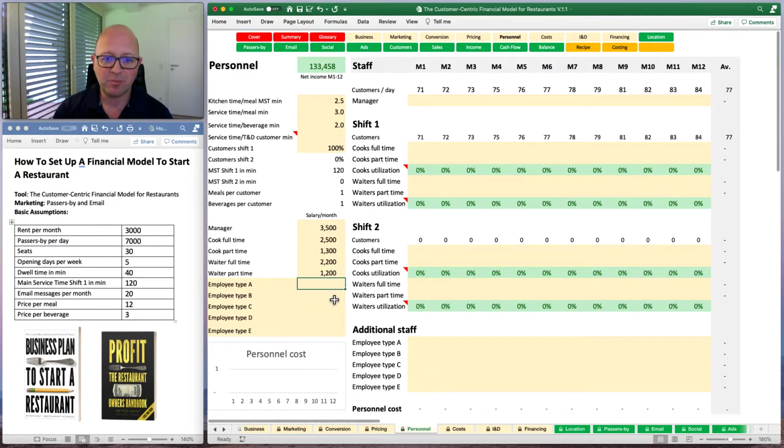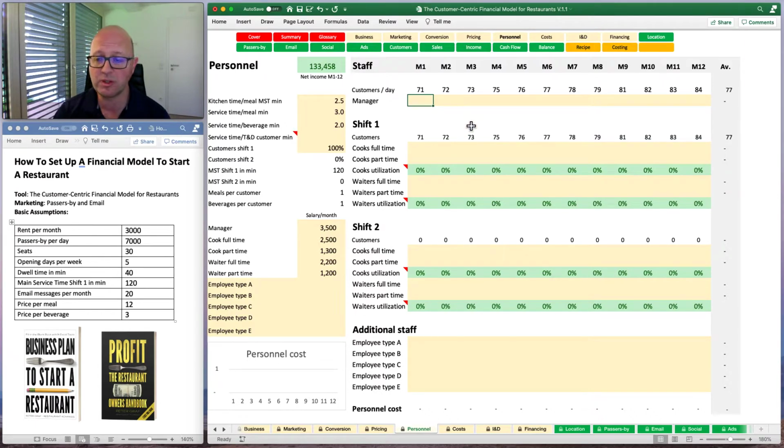So now we have the basic data for our staff, and now we can put in the employees for each month. You see here M1, 2, 3, 4 to 12. That's our first year, and we can put in a certain amount of employees for each position and each month.